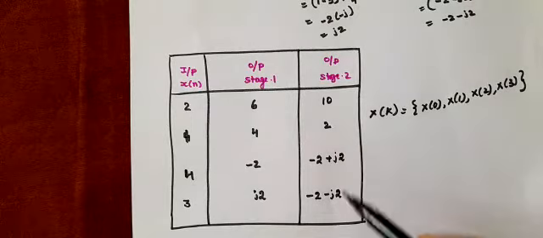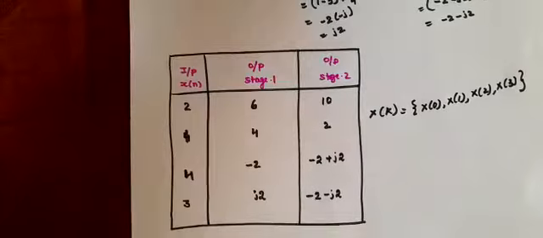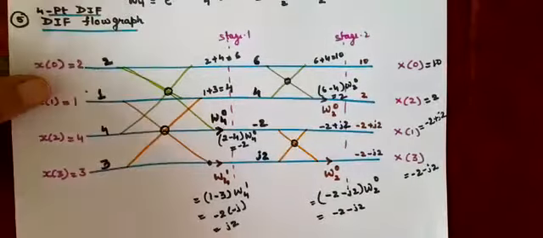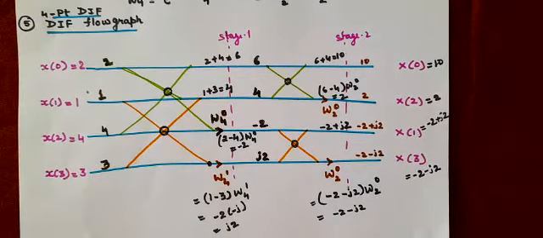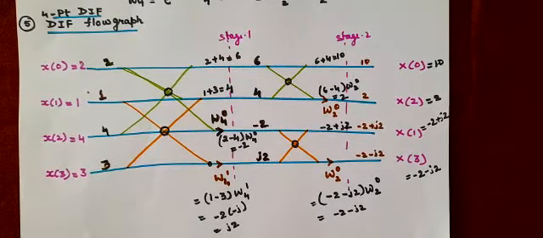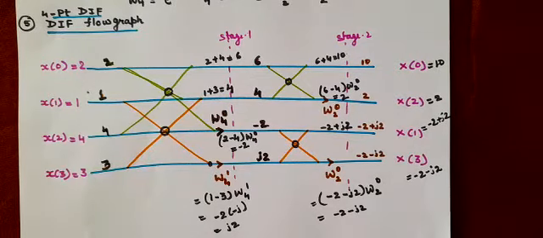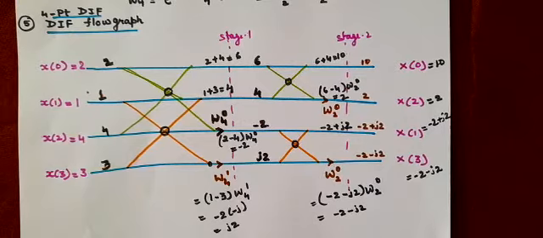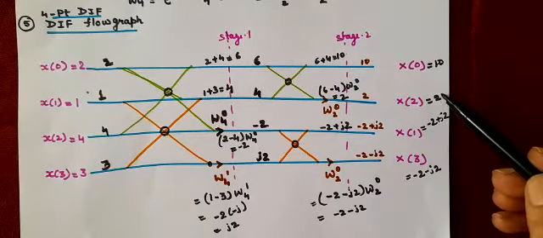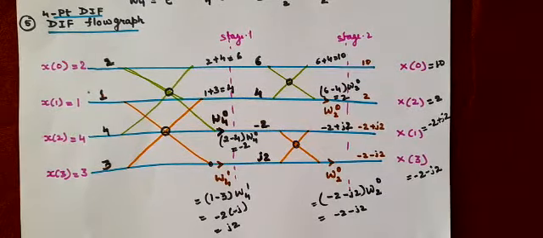Here it is in the bit reversal order. So if you look at this flow graph, what is x of 0? 10. What is the x of 1 value? Minus 2 plus j2. So write that value next. What is the x of 2 value? 2. What is x of 3? Minus 2 minus j2.